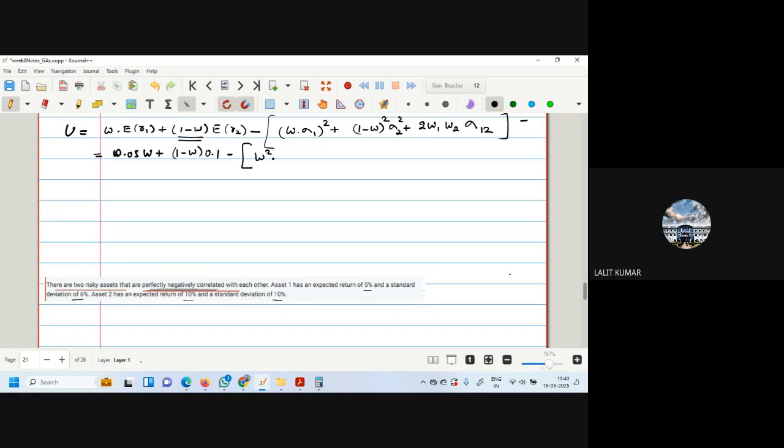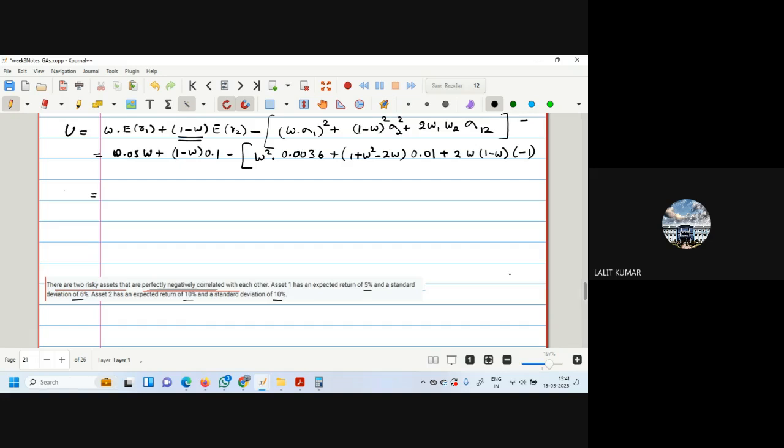Sigma 1 is 6%, so this will become 0.0036, plus you expand this 1 plus W square minus 2W into sigma 2 squared, which is 0.01. This will become 2 into W into 1 minus W into minus 1 because perfectly negatively correlated.